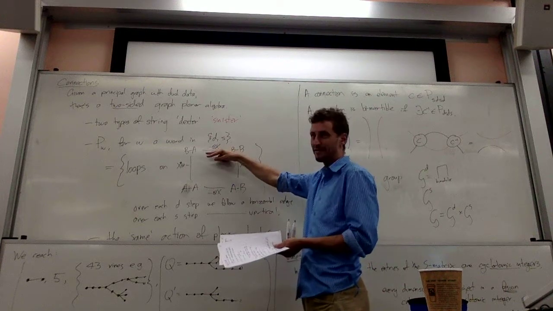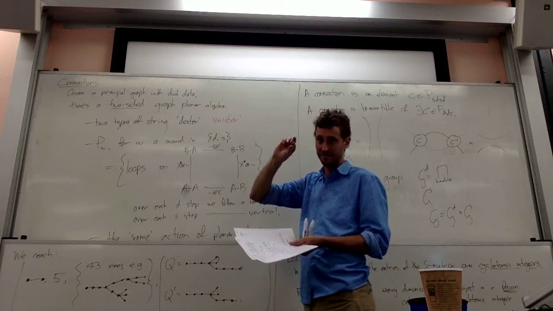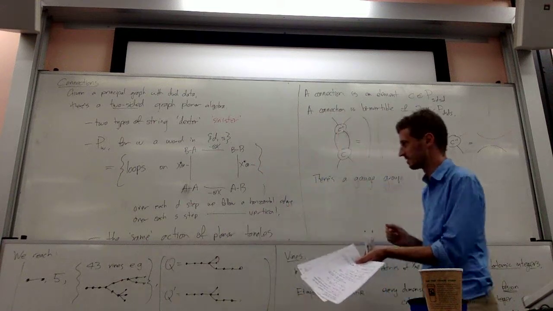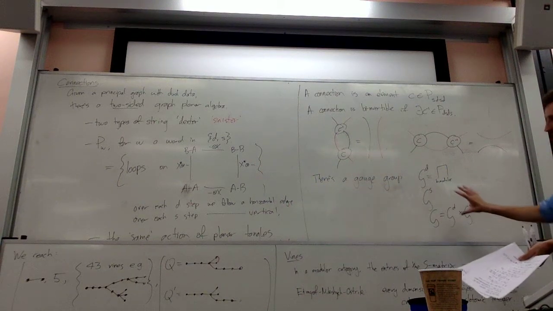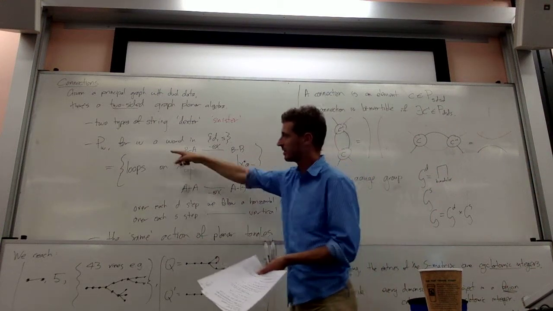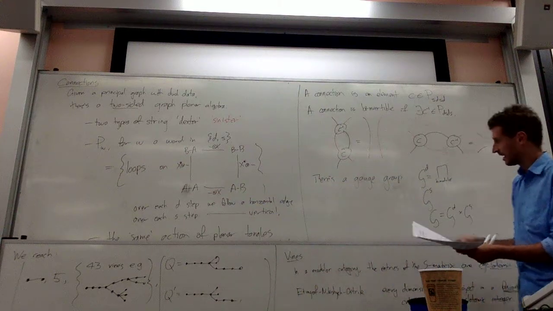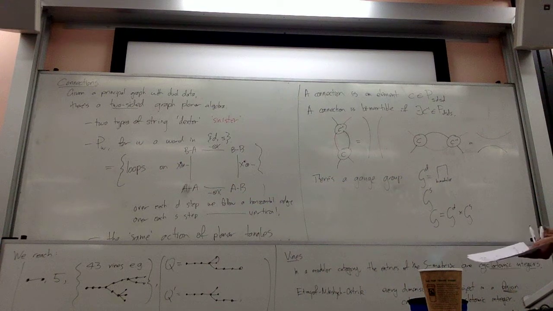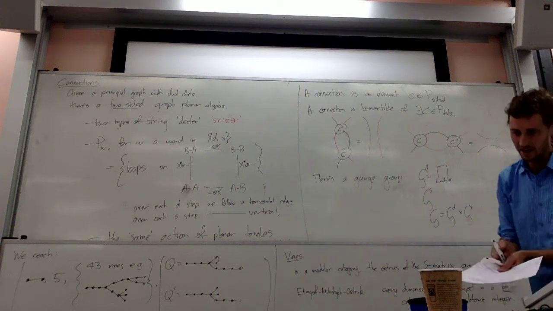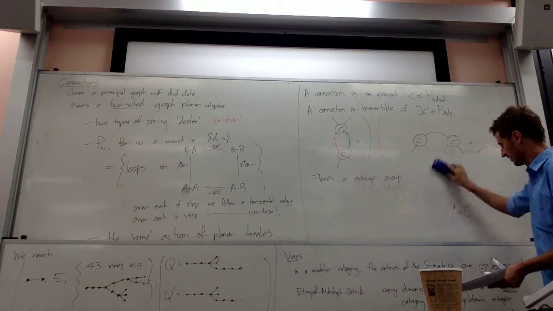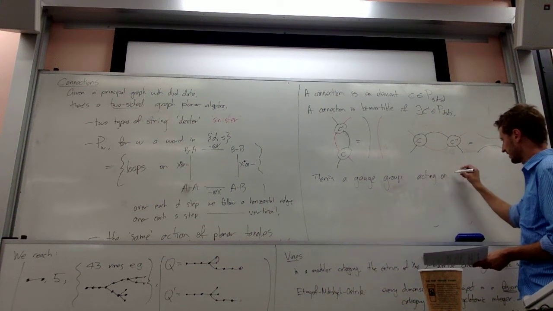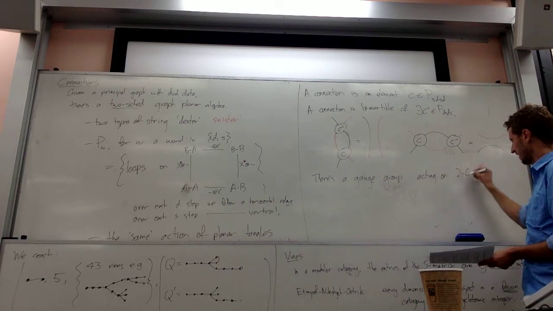If there were a pair of edges, maybe the gauge group might have an element in it that swapped those two edges as an element of U2. So there's some big group here acting on the space of linear combinations of loops, so in particular on this whole graph planar algebra. But the nice thing about how it's set up, so let me not say all of that, the point is that there's this gauge group acting on the two-sided graph planar algebra.